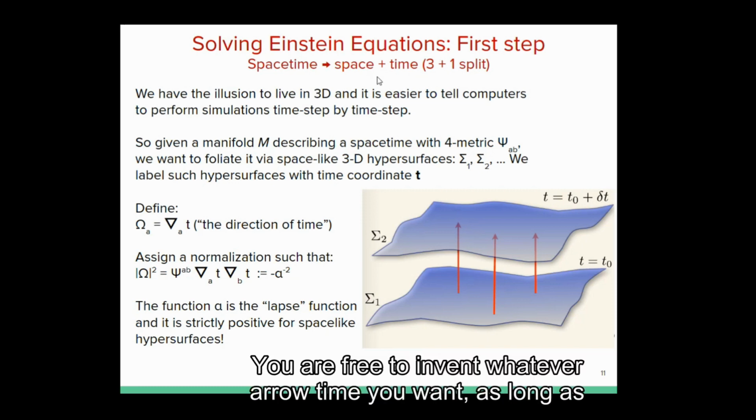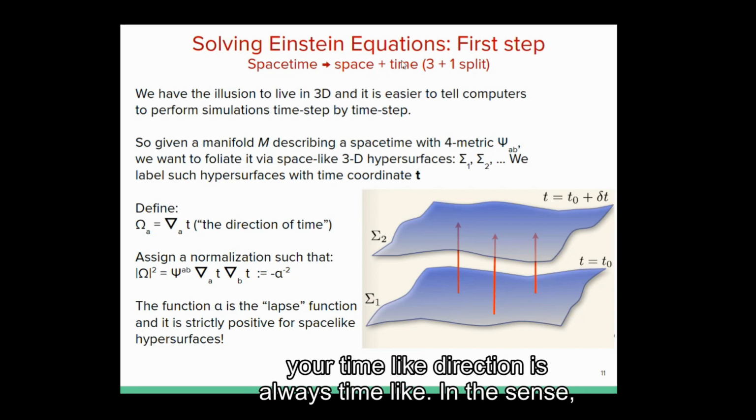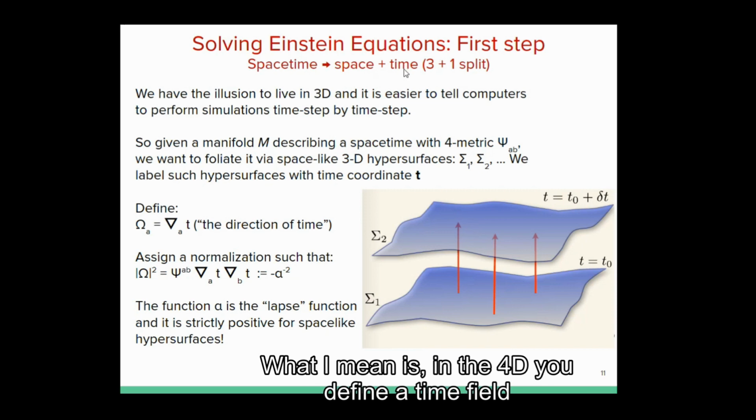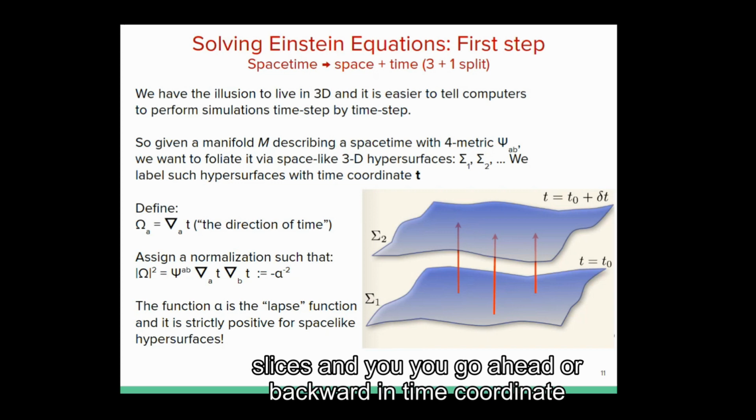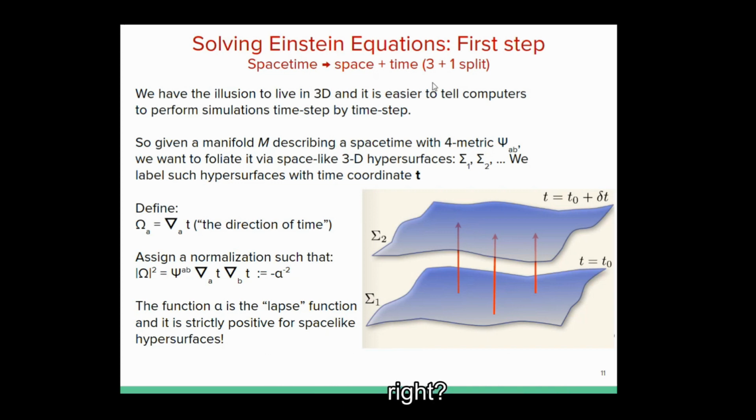You are free to invent whatever arrow of time you want, as long as your time direction is always time-like. What I mean is, in the 4D, you define a time field, and slices of constant time coordinate are your spatial 3D spaces. And you go forward or backward in the time coordinate, right?